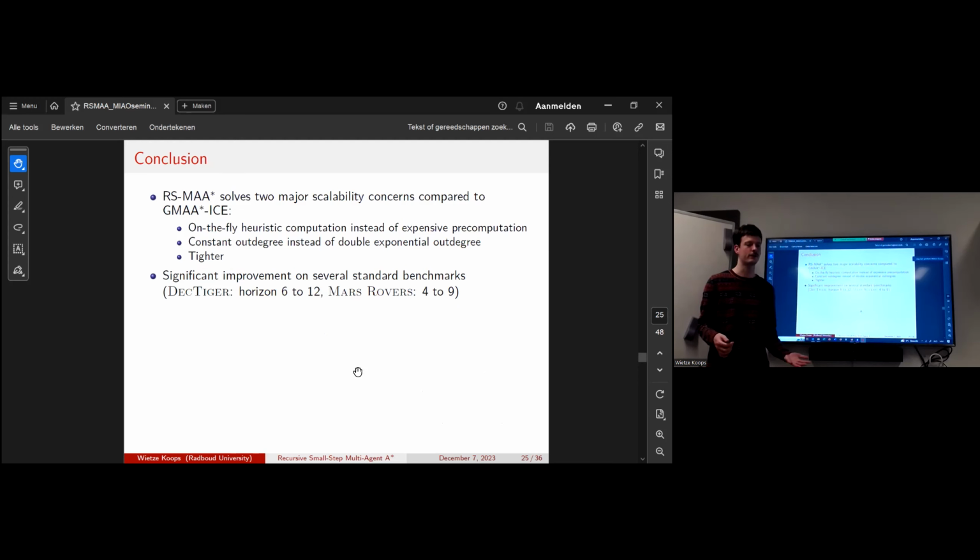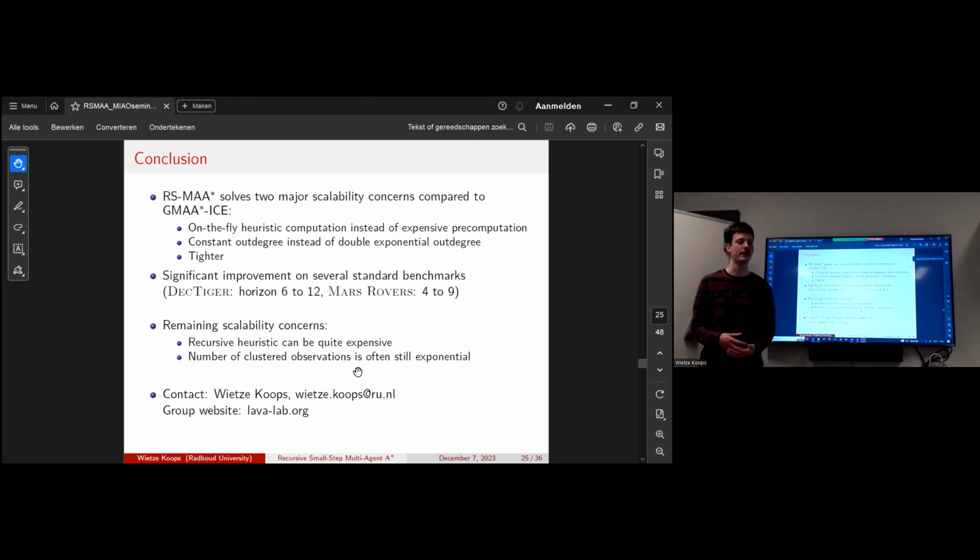We have a constant outdegree instead of an exponential outdegree in our search tree, and we also have tighter heuristics, which limits the number of nodes that you need to expand. You can also see that as a scalability concern that you solve. And there are significant improvements on several standard benchmarks because of this.